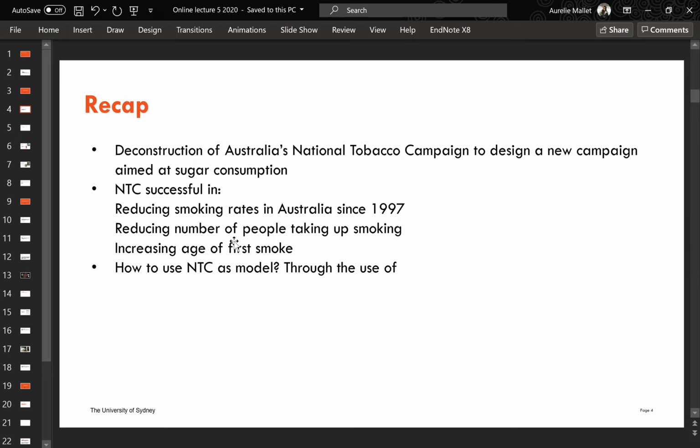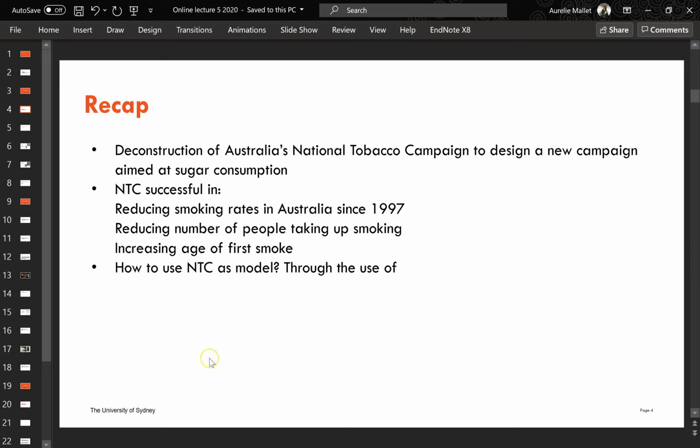Now, I am defining success in terms of the NTC reducing smoking rates in Australia since its inception in 1997. So smoking rates have decreased, as well as the number of people who take up smoking. And the age of the first time someone smoked has increased from the age of 14 to the age of 16. Now, that also has to do with the laws we have around smoking and selling cigarettes.